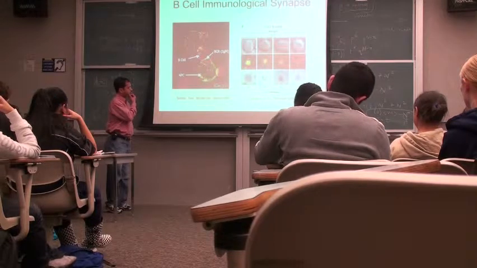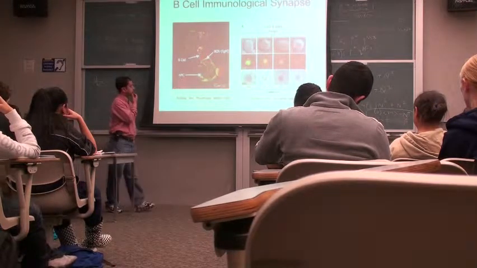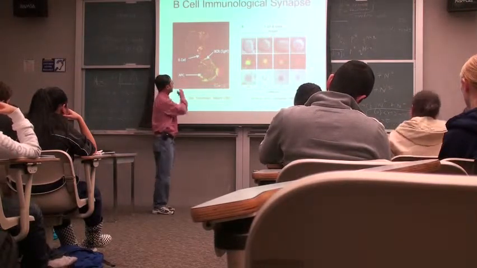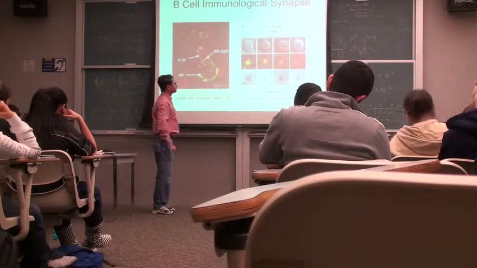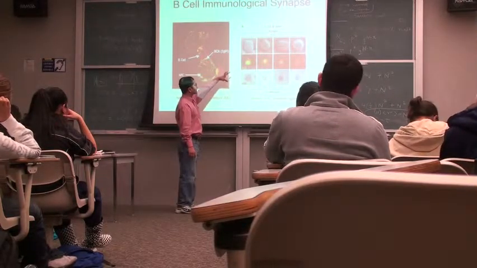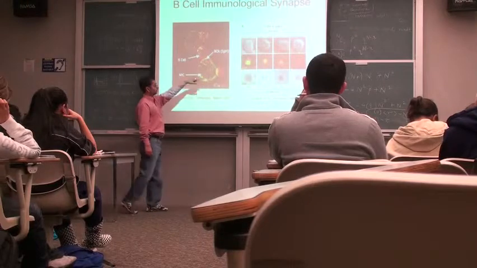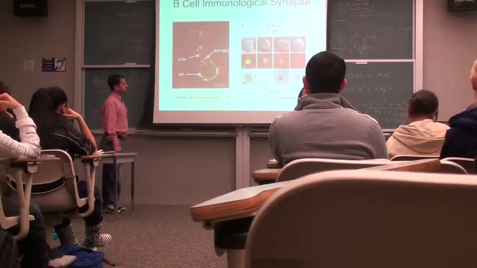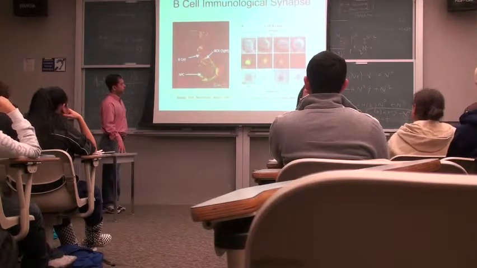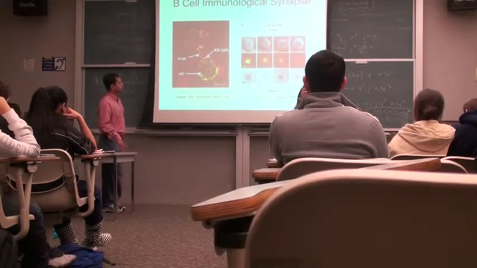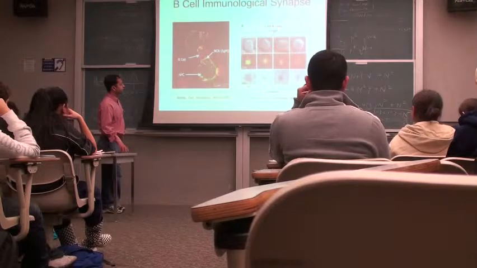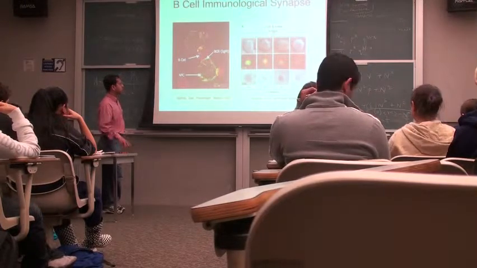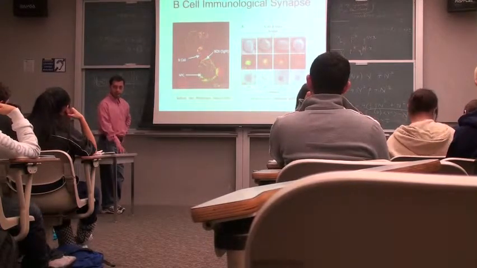Now, what's important and interesting is that imaging experiments showed that during this recognition, there is a nice clustering of receptor molecules. So what you see on the right panel is a bunch of pictures from imaging experiments where you attach a green fluorescent tag to the B cell receptor, which recognizes the antigen.